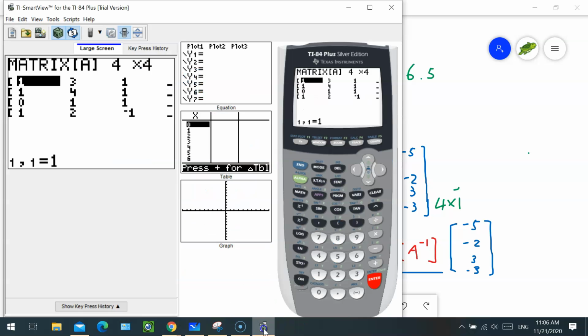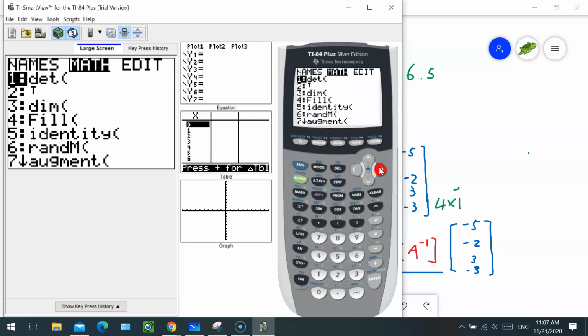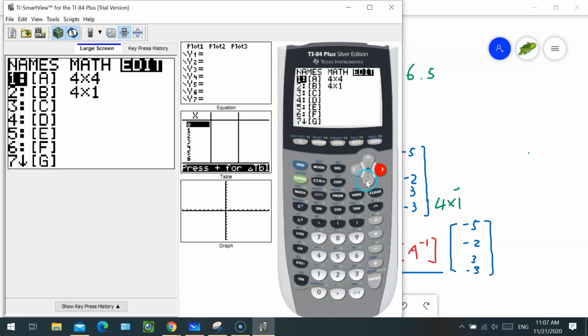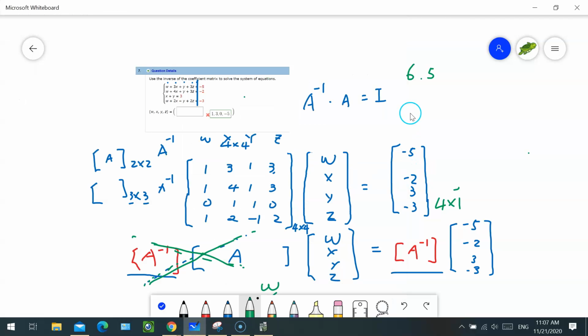Then you create a second matrix. Alright. Move to edit. You create a matrix B. Use 4 by 1 because this is matrix B. So this will be your matrix B. Here is your matrix A. So with the B, I have a 4 by 1.